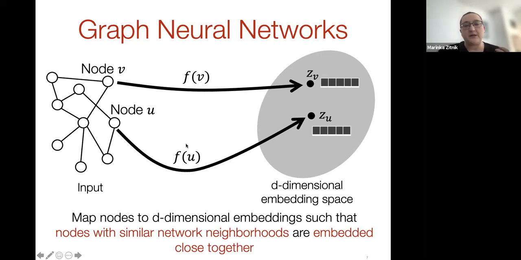Typically the intuitive idea is that we specify those functions f in such a way that they map nodes to d-dimensional embeddings, such that nodes u and v, if they are considered to have similar network neighborhoods, are embedded close together. Now, there are a variety of different architectures and different graph neural network models that operationalize different notions of what it means for two nodes to have a similar network neighborhood.